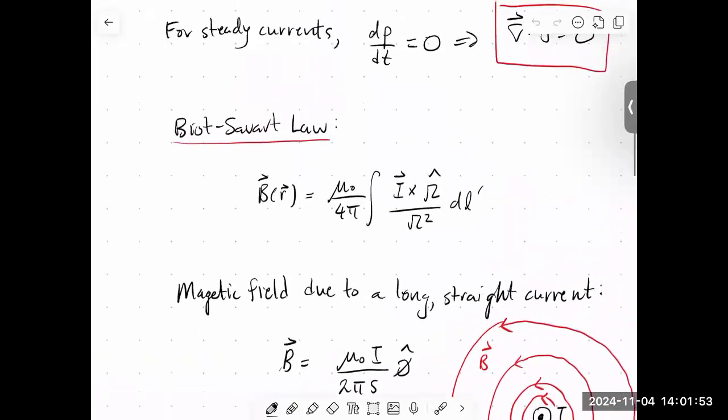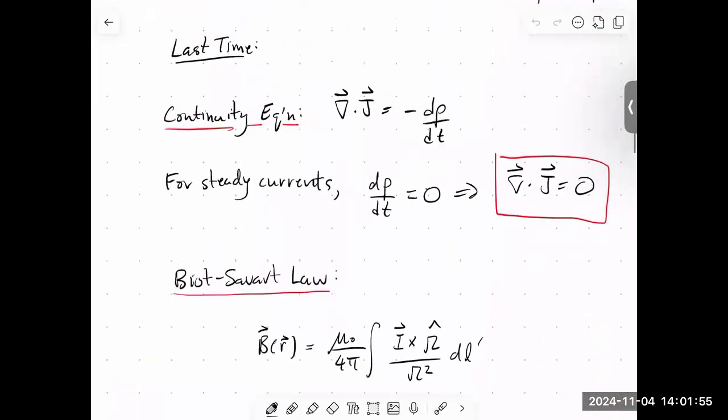The other thing that we saw last week was the so-called continuity equation, where the divergence of J is equal to minus d rho dt. So let's think about what that means. We'll think of some volume that has some steady current in it. If the current is steady, that means all the charge that leaves that volume is replenished at some other point in that volume.